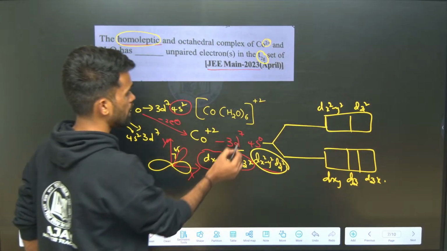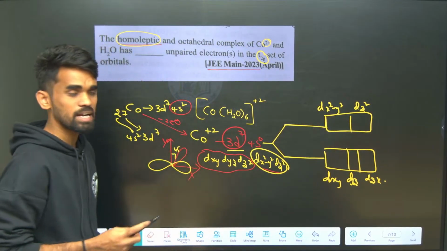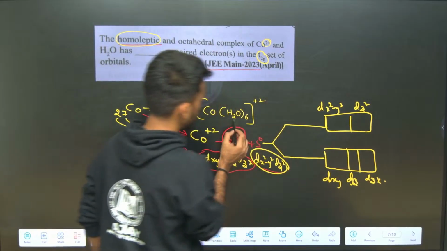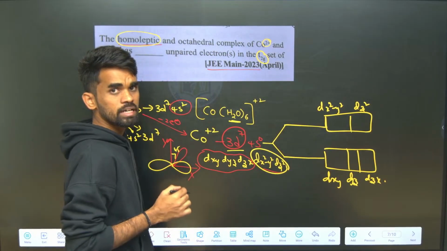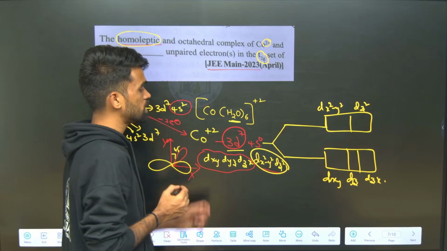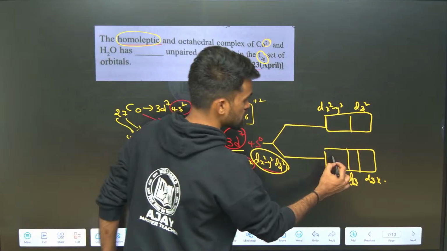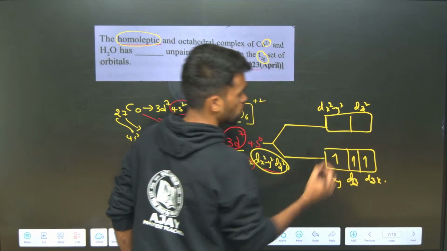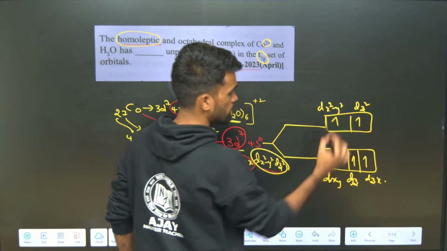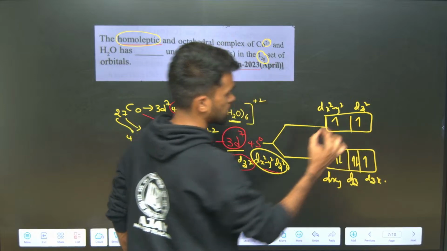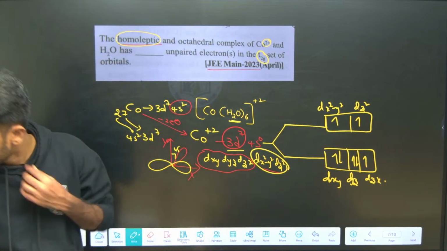Now how many d electrons are there? 7. What is the nature of water? It is a weak field ligand, therefore you just fill the electrons as in the free metal. 7 electrons: 1, 2, 3, then pair over 4, 5, then pair over 6th and 7th electron. This is how you need to fill the electrons.